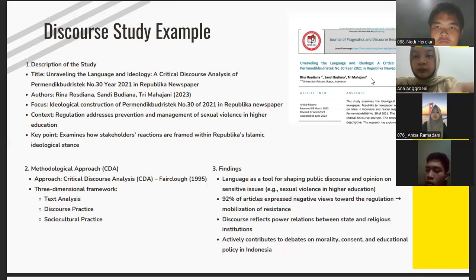Republika is known as a newspaper with an Islamic ideological stance. So the study focuses on how stakeholders' reactions to the regulation were framed within this perspective.